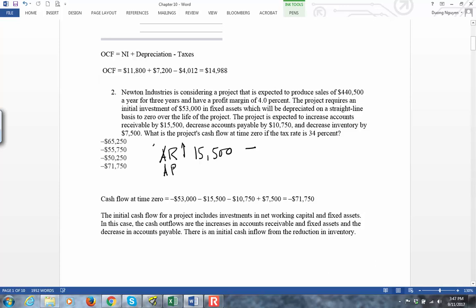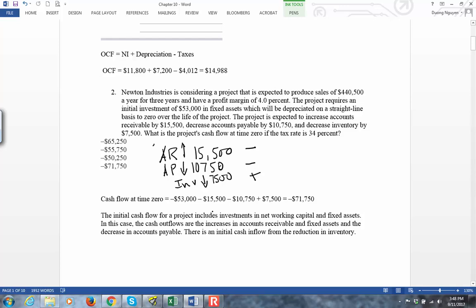Now account payable decreases by an amount 10,750. Account payable decreasing means the company has been using money to pay off account payable, so cash has been reduced by an amount 10,750. Now if inventory decreased by 7,500, that means the company has been selling inventories for 7,500 more, so that would increase the cash of the company.